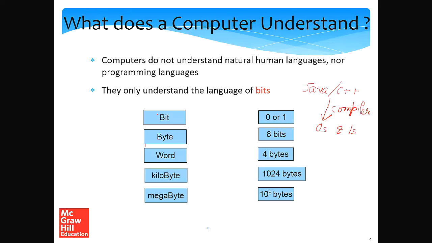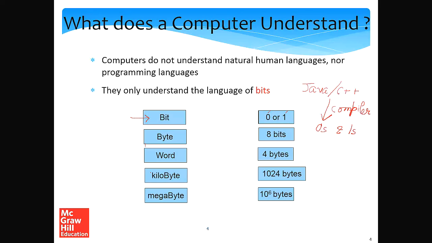So let's define the terms with regards to zeros and ones. A bit means a basic variable which can take only two values, a 0 or a 1. A byte is a sequence of 8 bits, which means 8 numbers where each number can either be 0 or 1. A word is a sequence of 4 bytes or 32 bits.